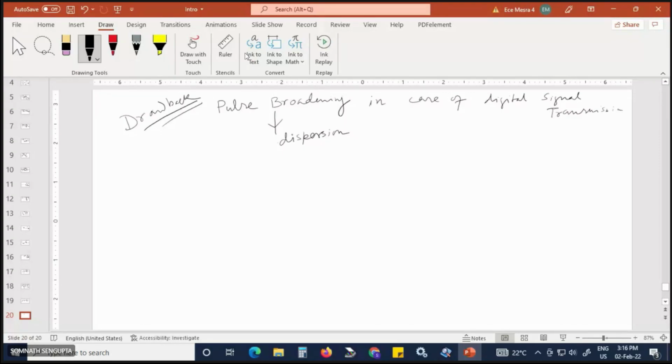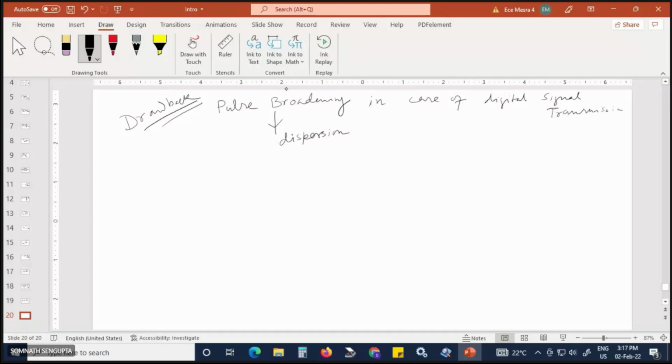Generally, the fastest wavelength reaches first, the slowest wavelength reaches last, and if those wavelengths and many in between reach the fiber end, then they create pulse broadening.